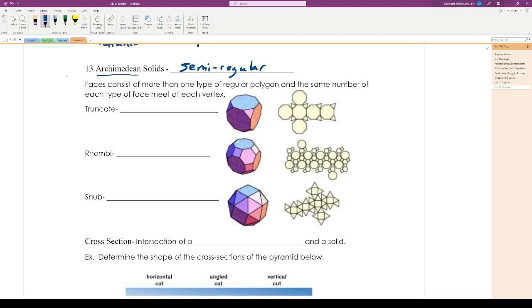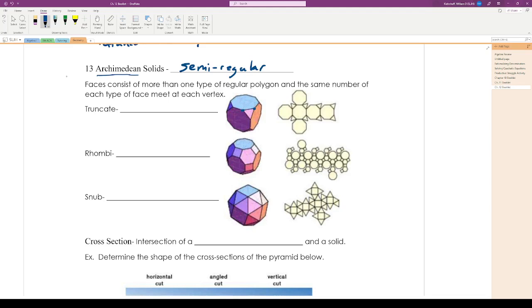So basically think about any vertex on this thing. This one right here is a meeting of 2 hexagons, octagons, 1, 2, 3, 4, octagons, and 1 triangle. This one is a meeting of 2 octagons and a triangle. And every vertex that you pick is a meeting of those exact same shapes.